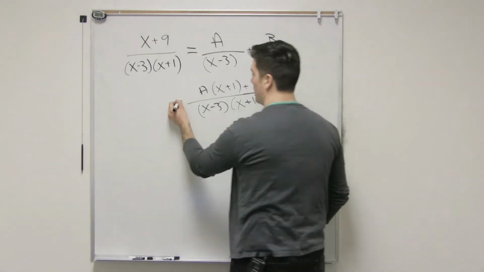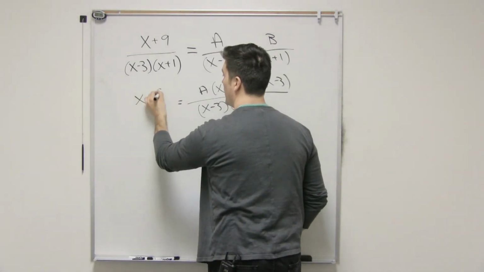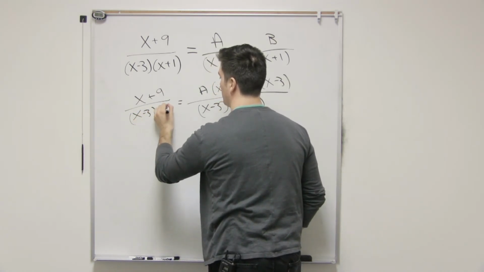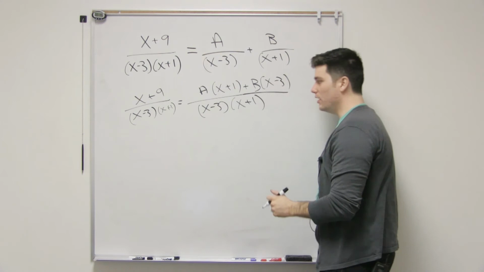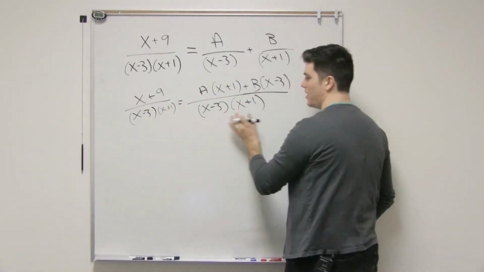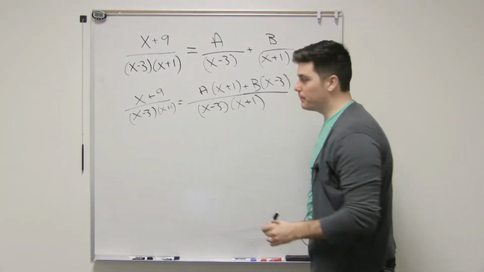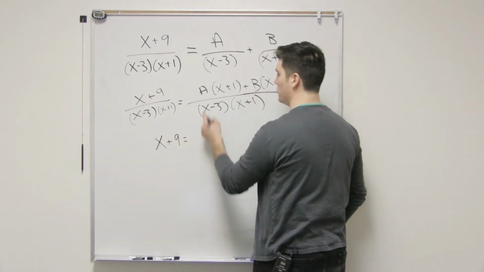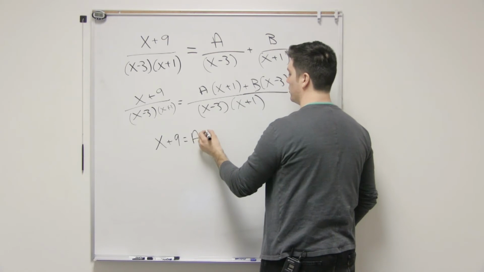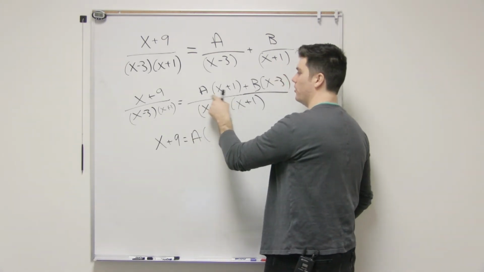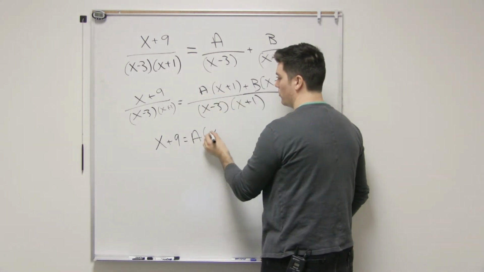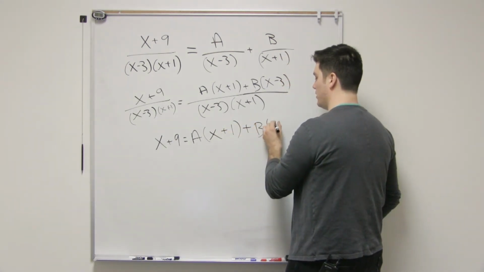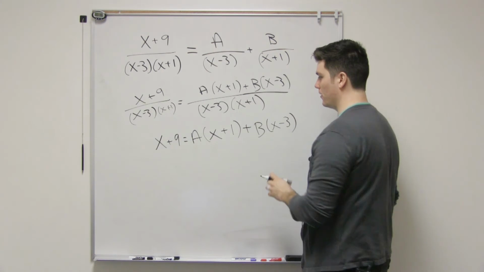And that's all set equal to (x plus 9) over (x minus 3)(x plus 1). And since the denominators are the same, we're now going to ignore them, and we're going to say x plus 9 equals, and this is where it's a little different. We don't distribute this a through. We're going to keep it a(x plus 1) plus b(x minus 3).